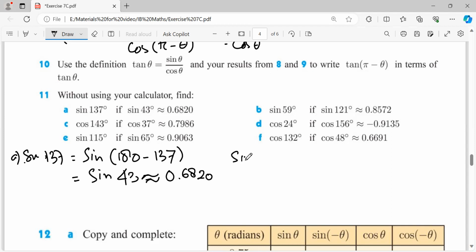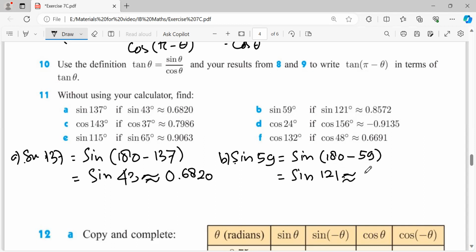As well, B, sine 59 equals sine (180 minus 59) equals sine 121, equivalent with 0.8572.